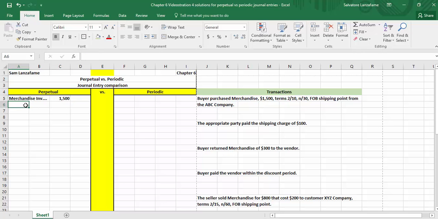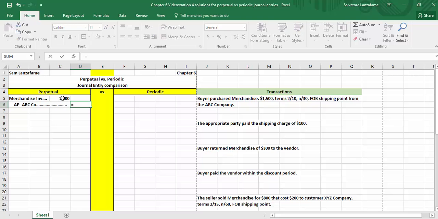And you would credit, if you see the terms 2/10 net 30, if you remember, that means you're buying on account. So you're going to credit accounts payable, and then we want to attach the name of the company that we're buying from, the ABC company. So we're going to credit accounts payable also for $1,500.